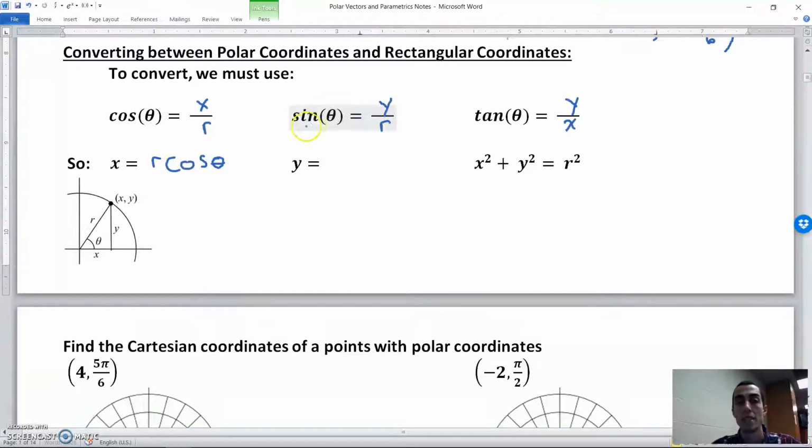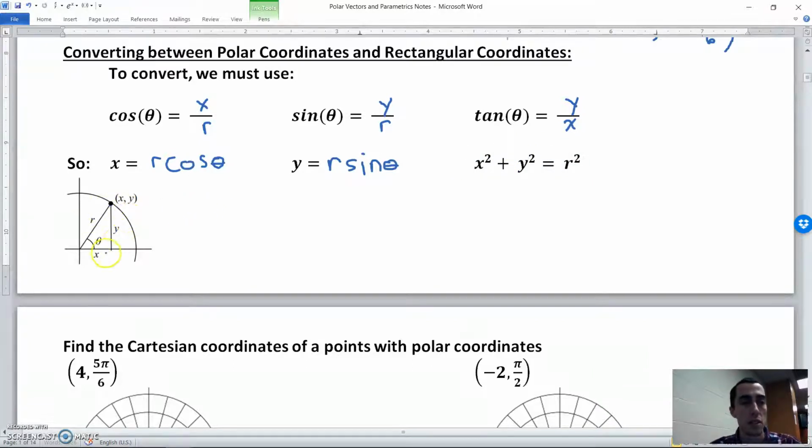If we multiply this second equation on both sides by r, we're going to have y equals r times the sine of theta. And then this last one is related to the Pythagorean theorem.